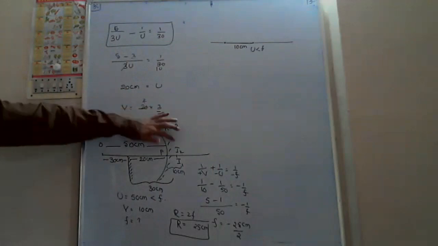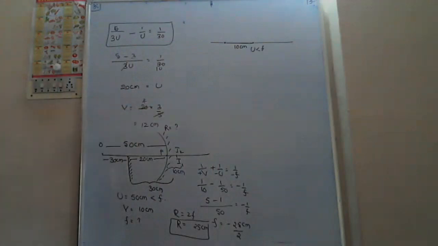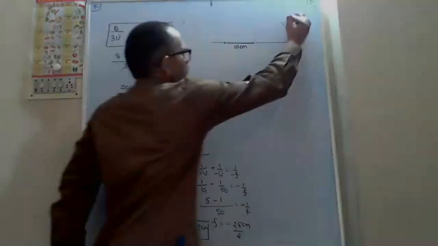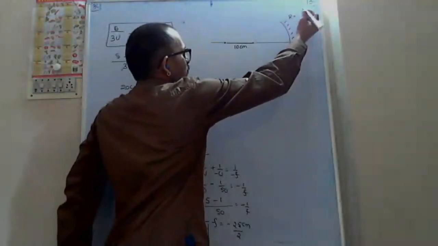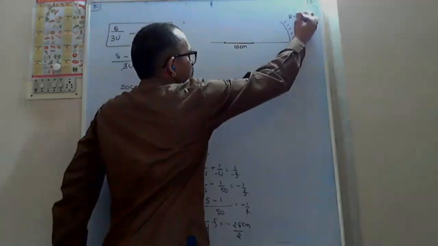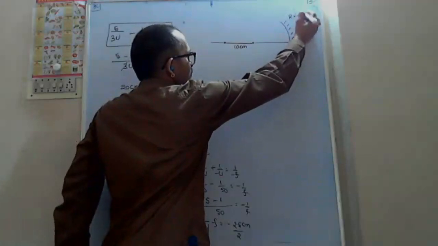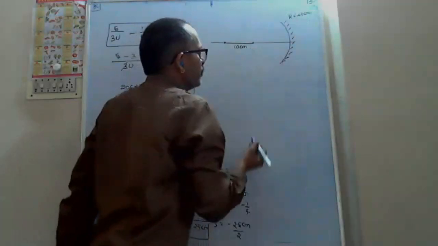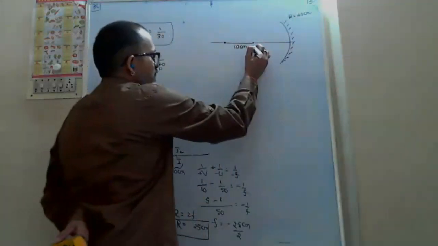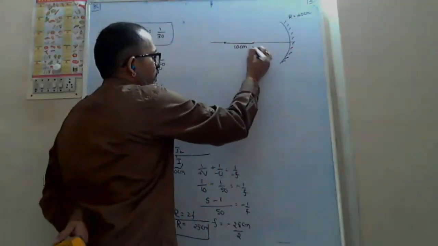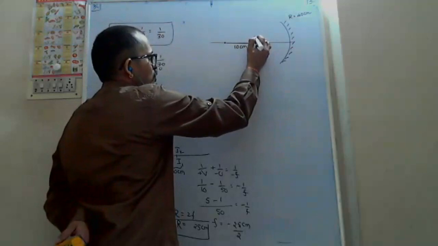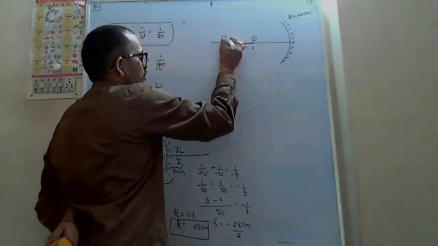Coinciding two images concept. Yes, sir. Mirror, I am giving the radius of curvature. R equals, take some 40 centimeters, Nana. And the nearest distance of the object, first position, second position.